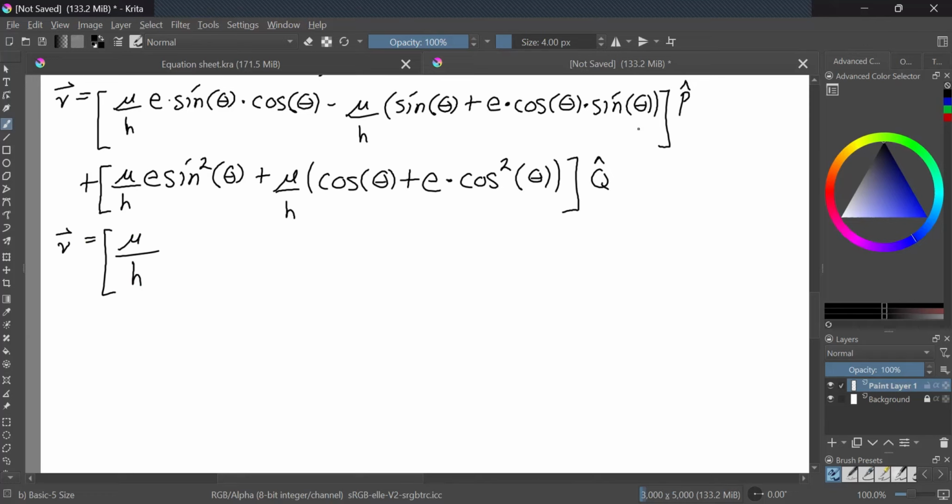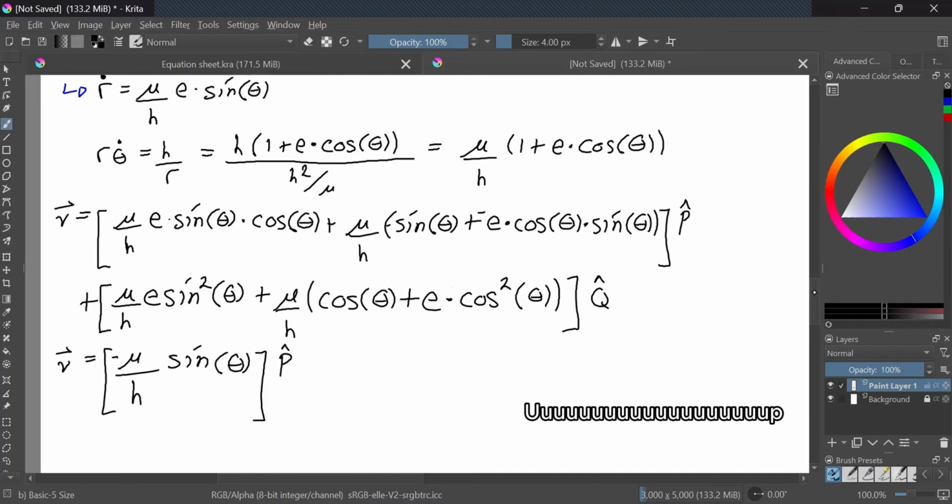These will cancel out because if we distribute the negative, these will cancel out. So then we have minus mu by h times the sine of theta in the p direction, which is actually not too far from the r dot equation that we have.